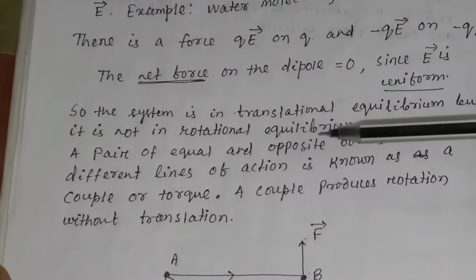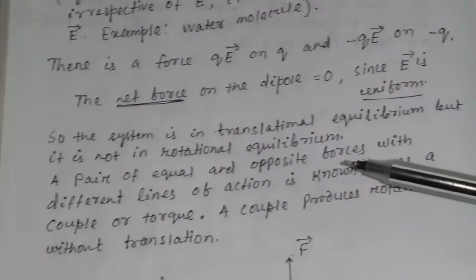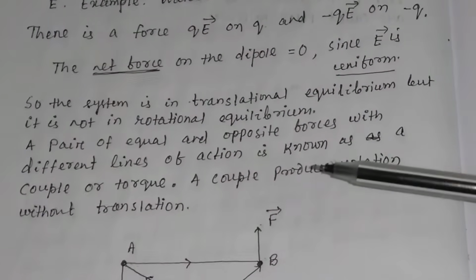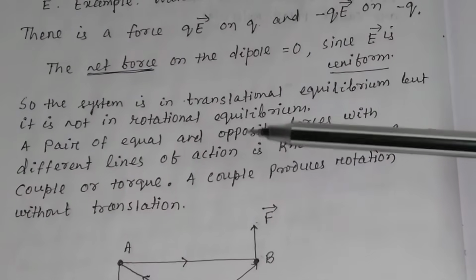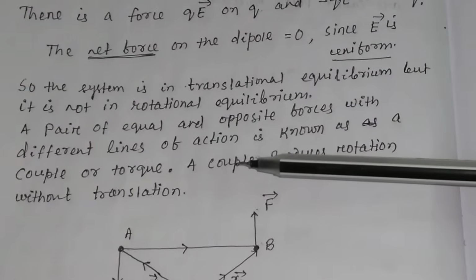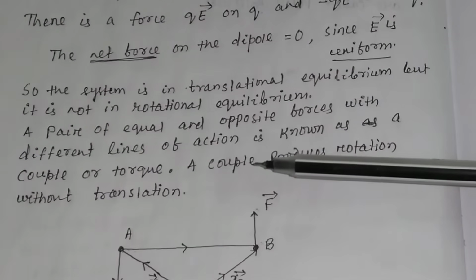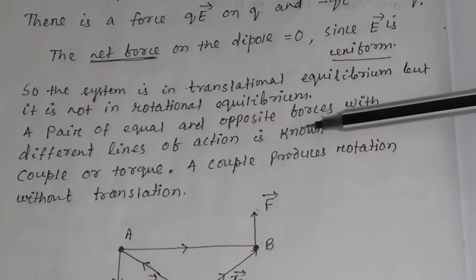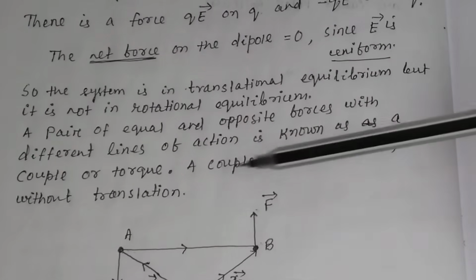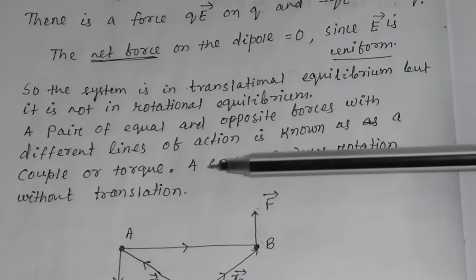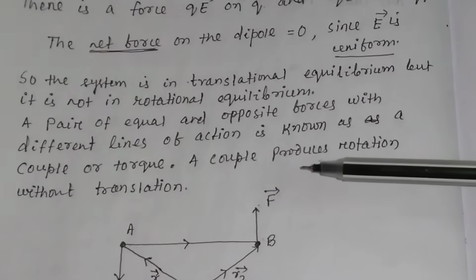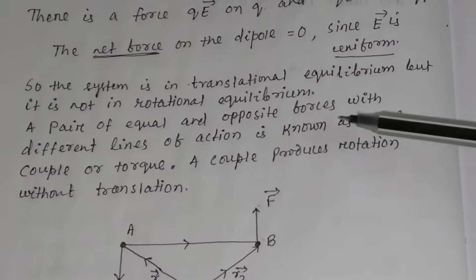So it will produce a torque, as a result of which the dipole will rotate. So in a uniform external field, the dipole will rotate. A couple produces rotation without translation in a dipole which is placed in a uniform electric field.